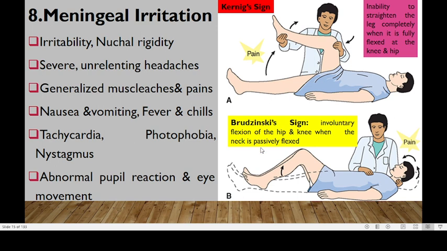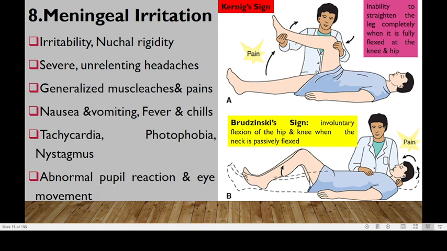While the Brudzinski sign is involuntary flexion of the hip and the knee when the neck is passively flexed. You try to flex the neck, then we have involuntary flexion of the hip and the knee. While the Kernig sign is inability to straighten the leg completely when it's fully flexed at the knee and the hip.